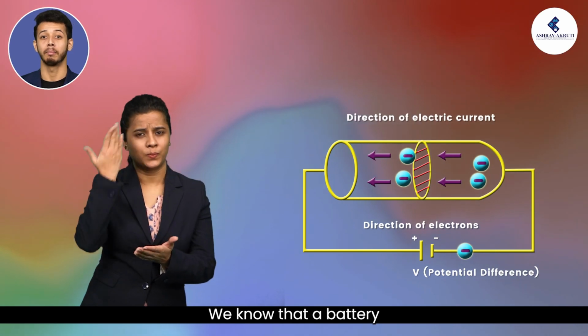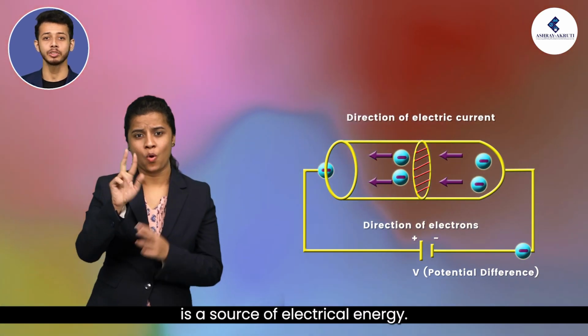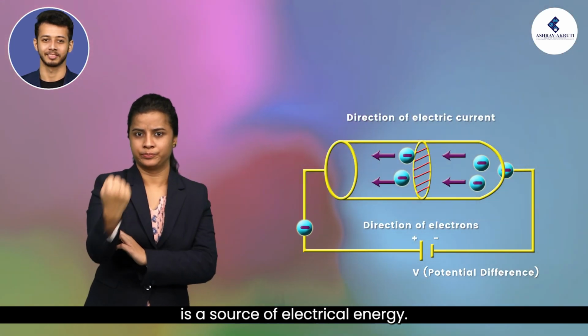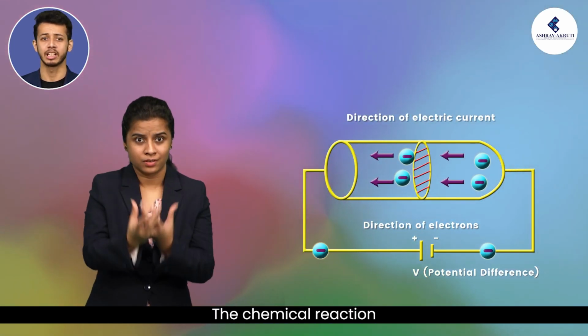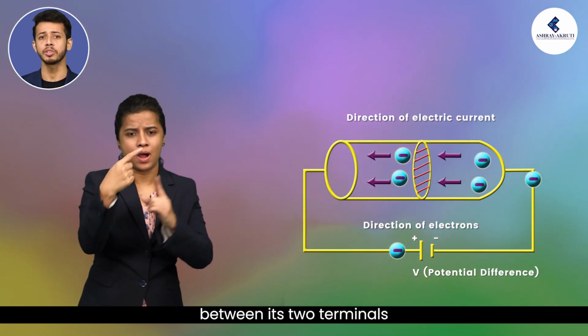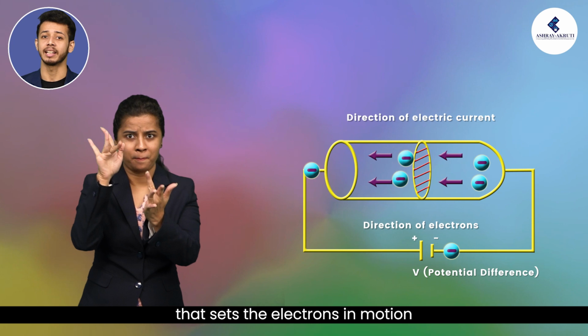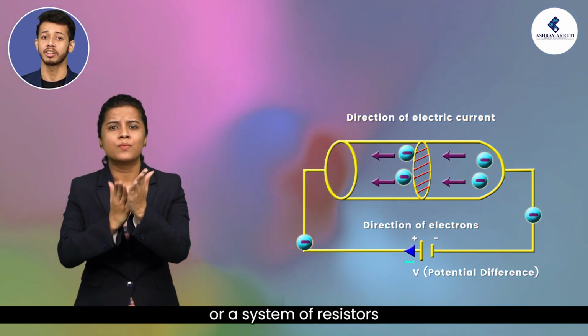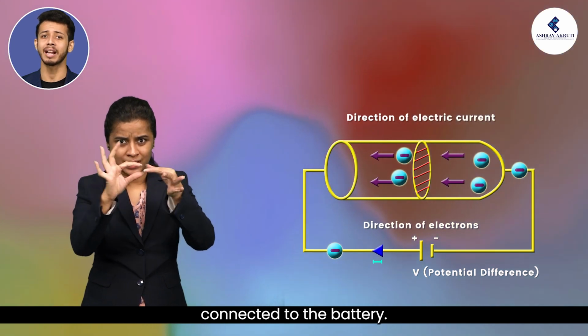We know that a battery or a cell is a source of electrical energy. The chemical reaction within the cell generates the potential difference between its two terminals that sets the electrons in motion to flow the current through a resistor or a system of resistors connected to the battery.